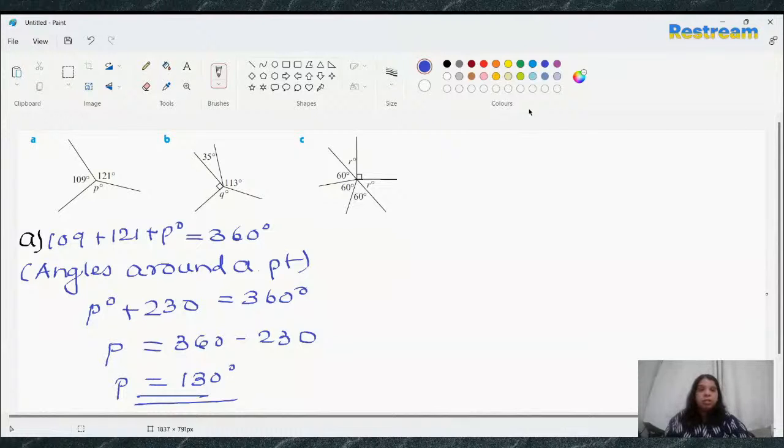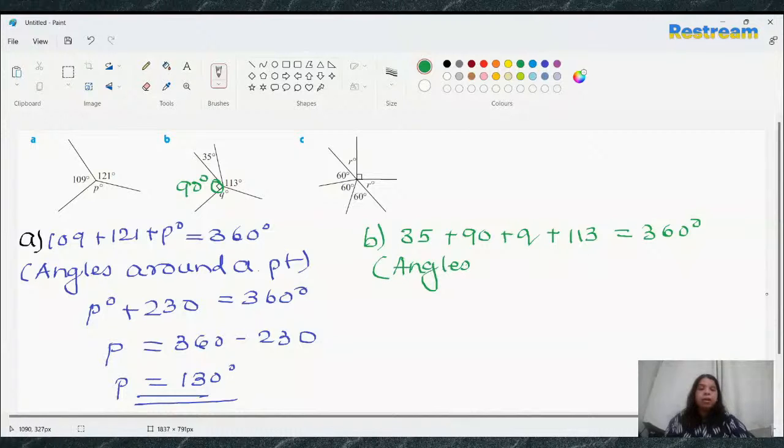Now for question B, let's use another beautiful color. Let's use green. So in B, again, this one is 90 degrees because there is a little square over here. So we have 35 plus 90 plus Q plus 113 is equal to 360 degrees. Okay. So again, the same reason, it is angles around a point. So what is it?